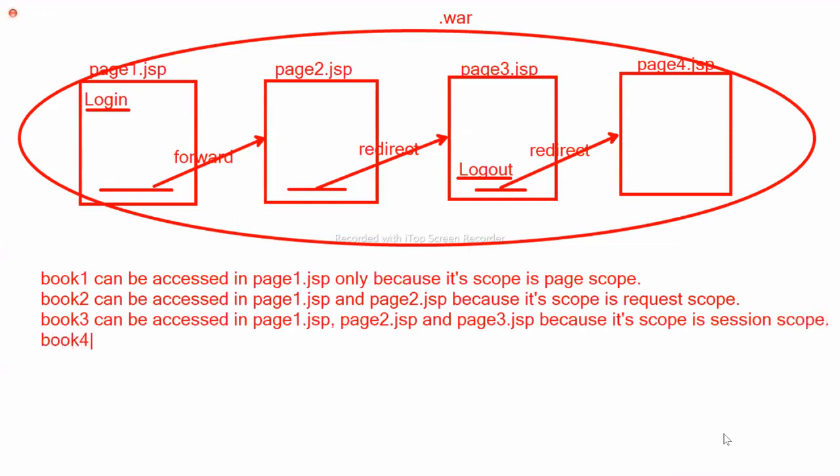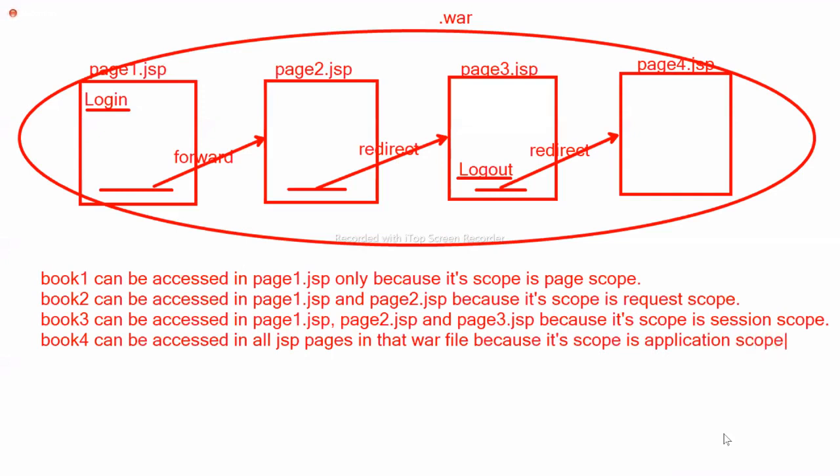Book 4 can be accessed in all JSPs in that WAR file because its scope is application scope.